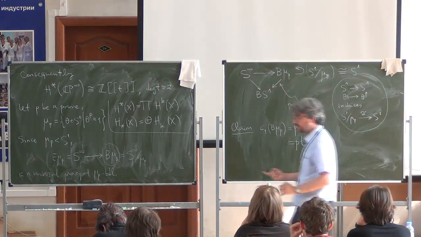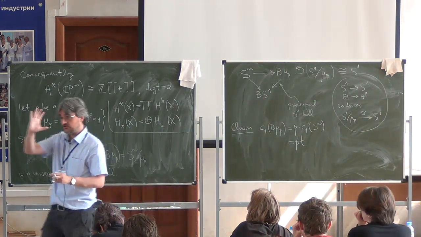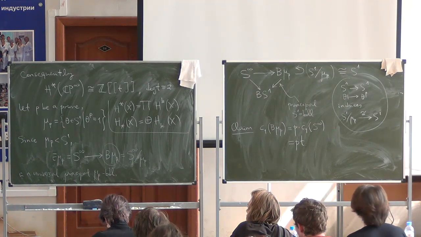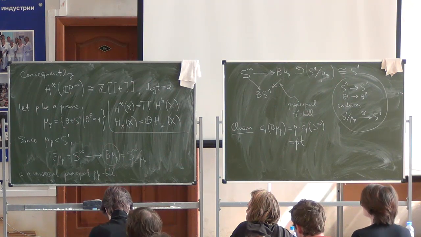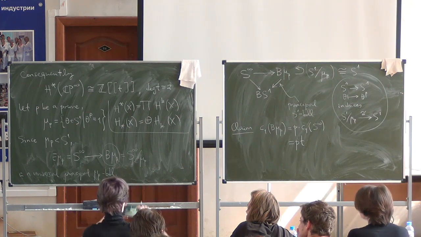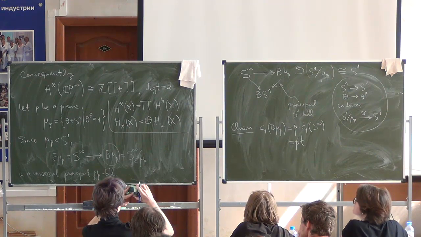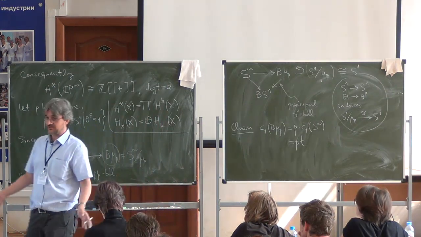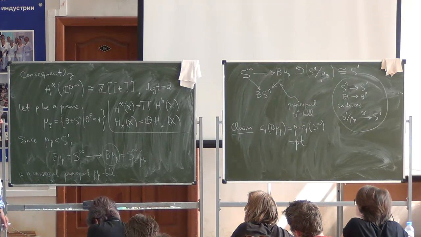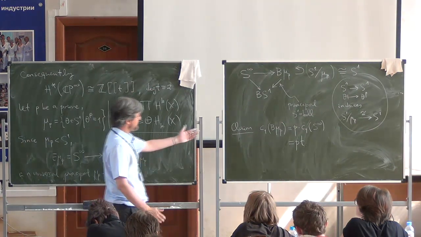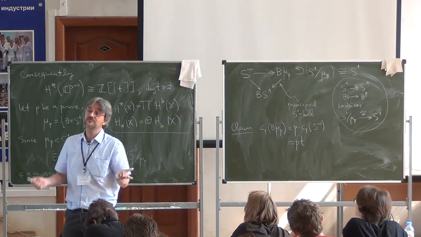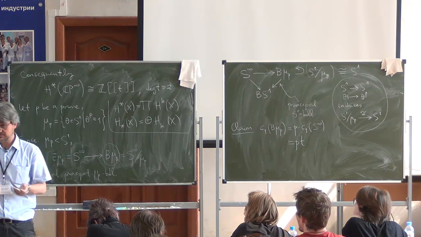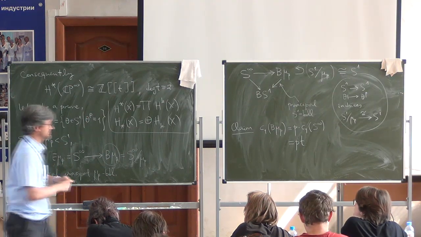If you have a principal S1 bundle and you quotient each of the fibers by the nth roots of unity, you get a new circle bundle, and the first Chern class, or the Euler class, has been multiplied by n. To prove the claim, I would need to rely on some particular definition of the first Chern class, which I don't want. But let me say that this claim is roughly equivalent to the fact that the first Chern class of the tensor product of two line bundles is the sum of the first Chern classes of the bundles.